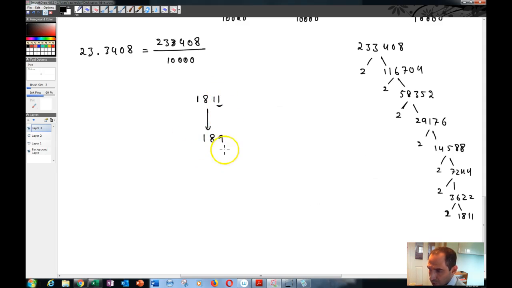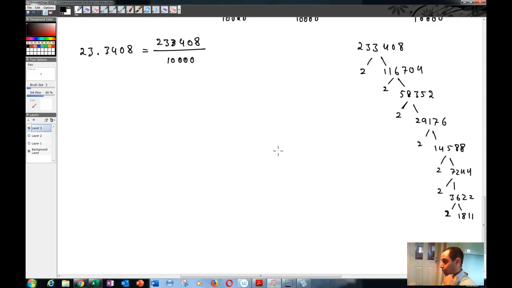So 2 times 1 is equal to 2. So 181 minus 2 is equal to 179. And you can do the same thing again if you need to. So that would be 17 minus 18, which would be negative 1. So it's not divisible by 7.